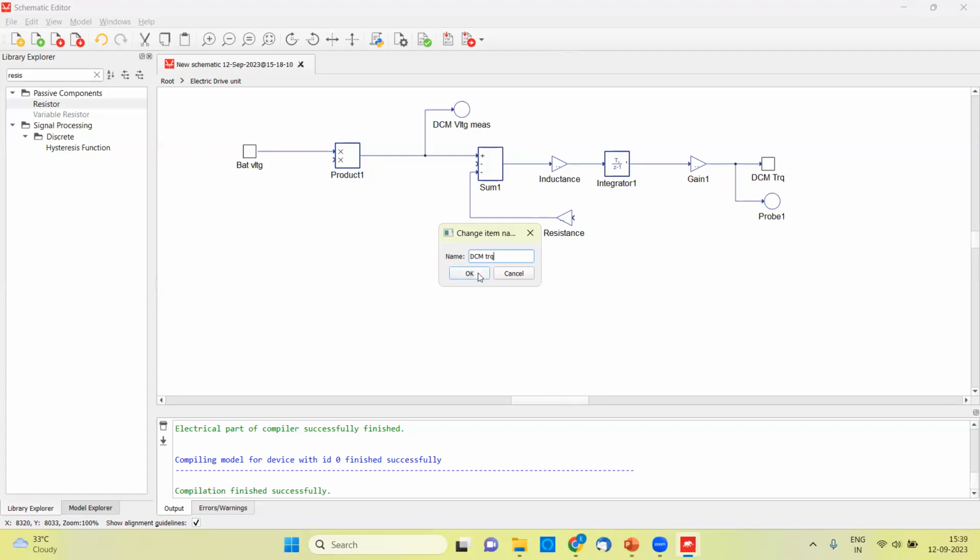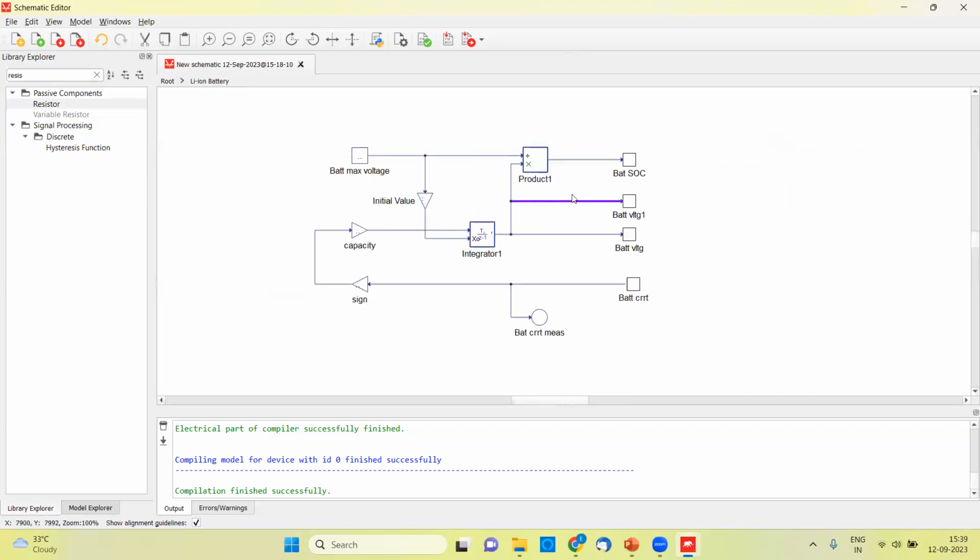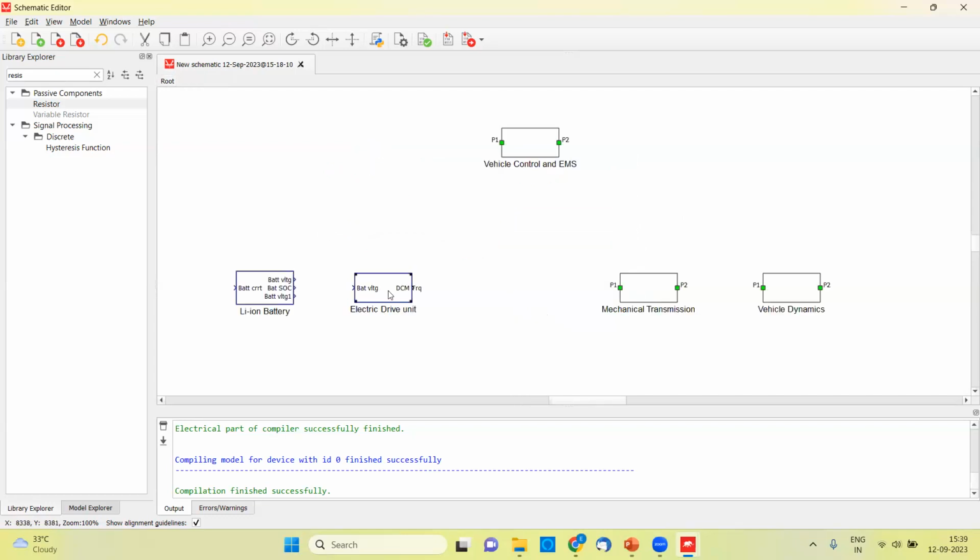Now it will be accepted because this is a different name. But you need to keep in mind while modeling that you cannot have the same name. Even though both are indicating the same value, the same result will come in both, you need to have different names. As you can see here also in battery voltage, it is the same signal which is coming out, but I have changed the name over here. One is battery voltage and one is battery voltage 1, because it will not accept the same name 2 times.